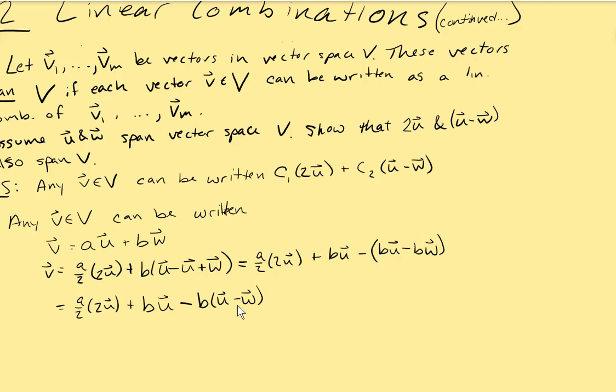That's what we need to express v in terms of. But now we have a problem over here, right? We have a u, but we don't want to express this in terms of u's. We want to express it in terms of 2u's like we did over here. Well, let's just pull that same trick on this term and write this as b over 2 times 2u.